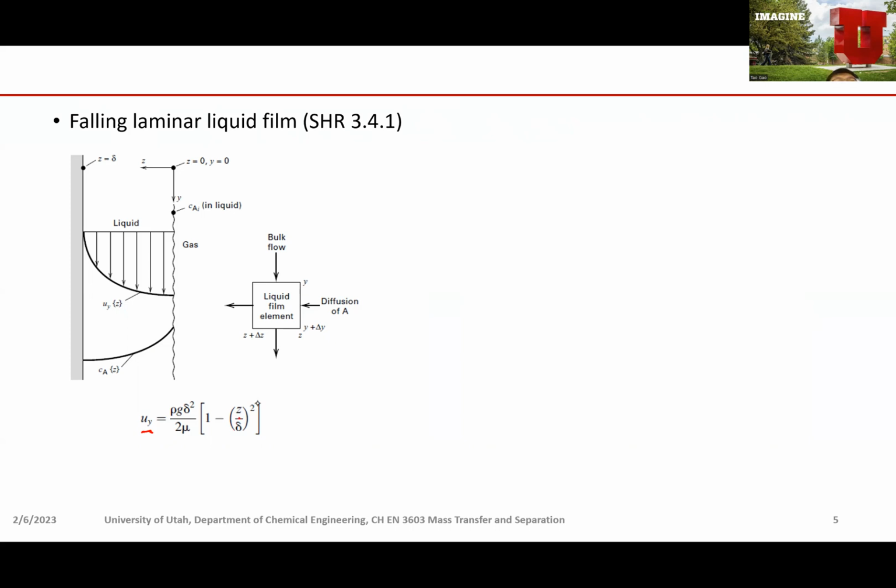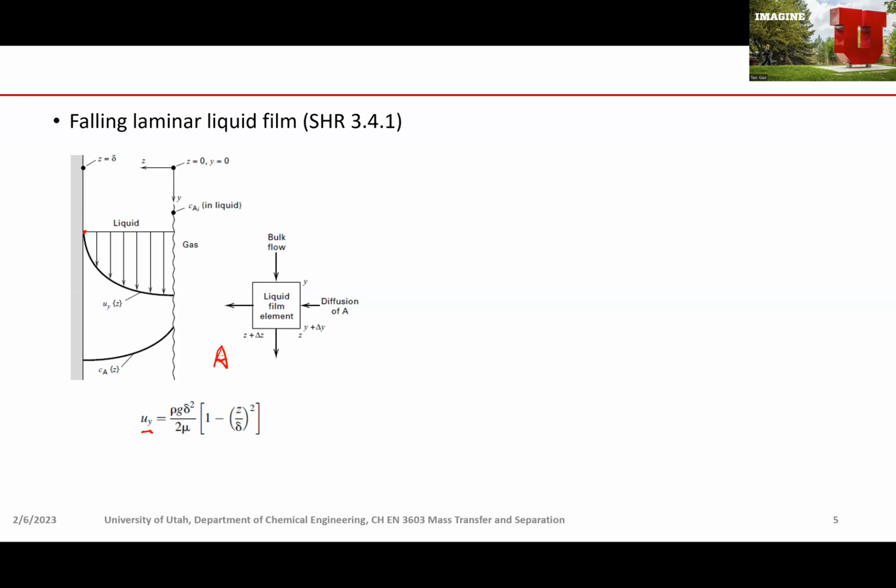Again, this is a parabolic function. At the wall, the velocity is 0, and at the surface of your liquid film, you have the maximum fluid velocity.